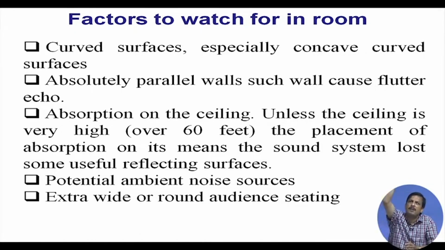If it is above 60 feet, what will happen? It creates an echo. In that case, to reduce the echo, we put absorptive material. But if the ceiling height is not above 60 feet, then we should not put absorptive material on the ceiling, because it unnecessarily loses acoustic energy.